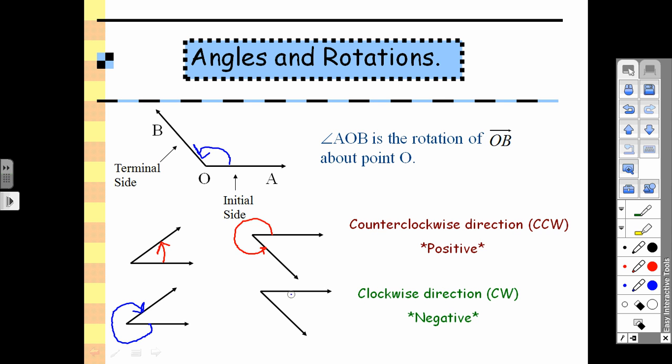Whereas this one over here, I'm going in the negative direction. I'm starting at my initial side here, going in the clockwise direction. That's the angle that I get. Very different than the one that you have up there. Okay, so we need to really be aware of this positive versus negative movement, clockwise versus counterclockwise. Okay, moving on.